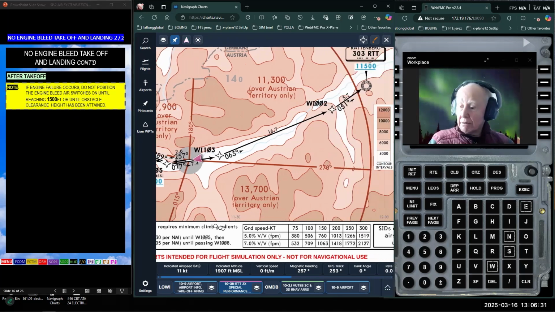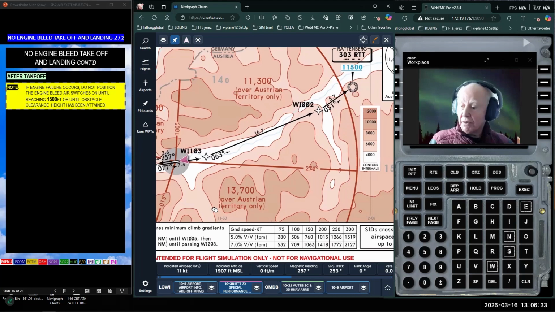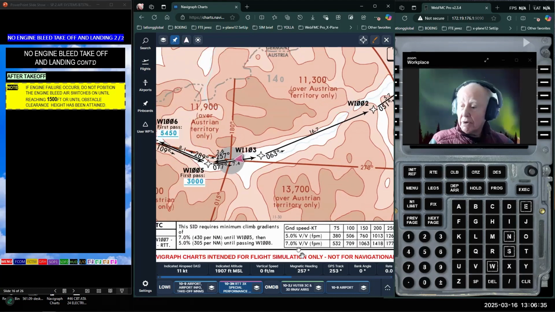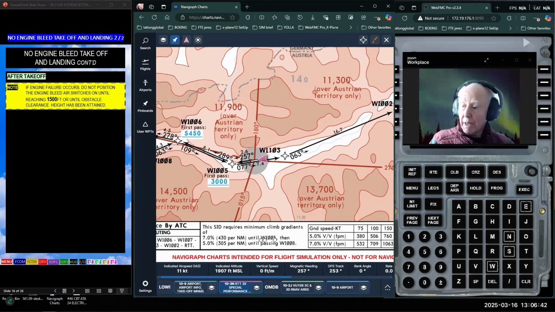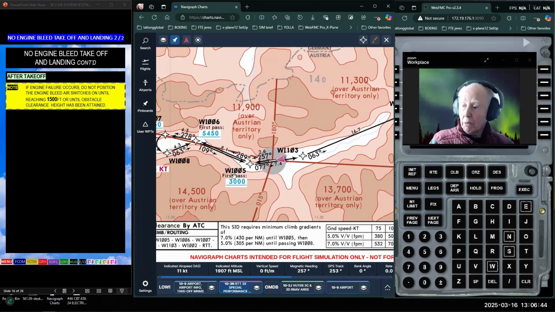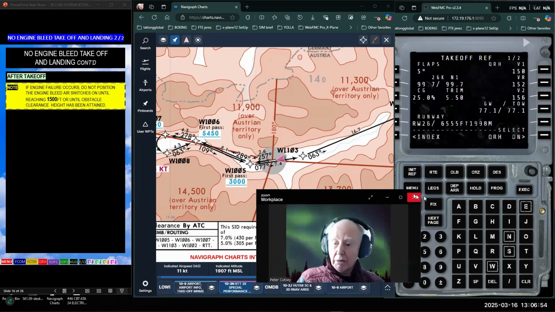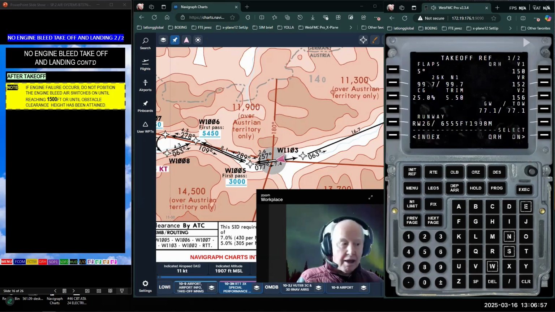Now, the departure from this airport is very critical because we have a 7% gradient until passing Whiskey 1005, and we have to be above 3,000 feet for that. Let's just slip my little picture down here, and we'll go to the legs page and have a look at that.